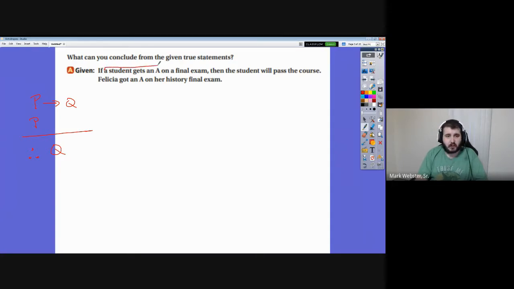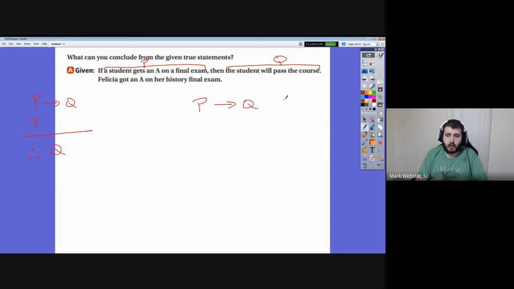If student gets an A on the final exam, so there's our P, then the conclusion follows: then the student will pass the course. That's our Q. So we have P implies Q. If P, student gets A on final exam, then Q, student passes course.